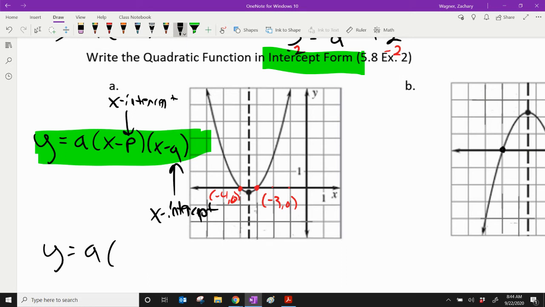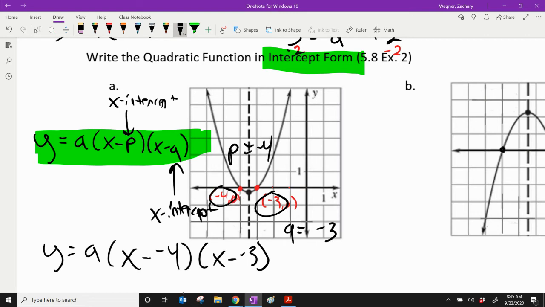And when you do plug these in, watch this. It's x minus negative 4 and x minus negative 3. Notice what happens. My q value or p value, doesn't matter which one's which, is negative 3. This other value is negative 4. When you plug in a negative 4 to the equation, it becomes x minus negative 4. When you're double subtracting, that turns into plus.